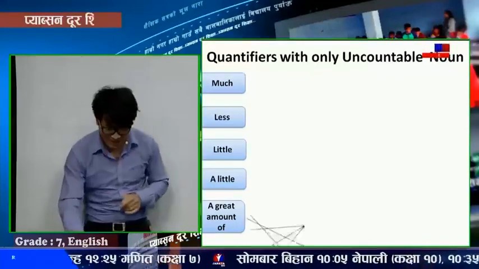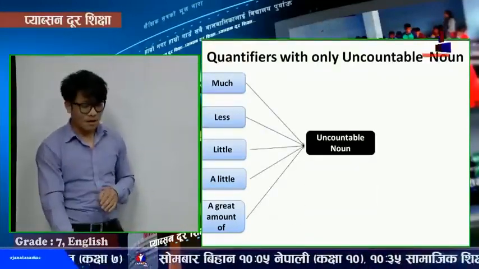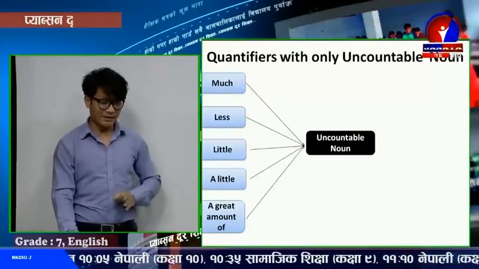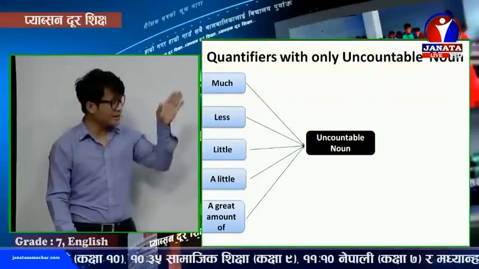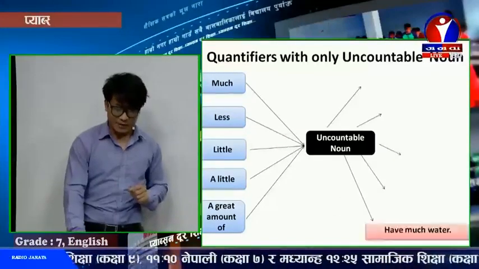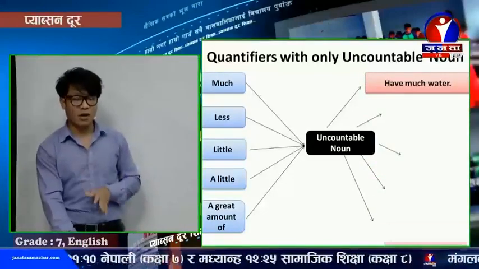So let's have examples. Much, less, little or great amount of. After these quantifiers, there should be only an uncountable noun.